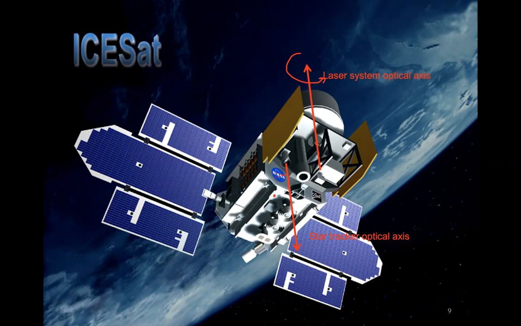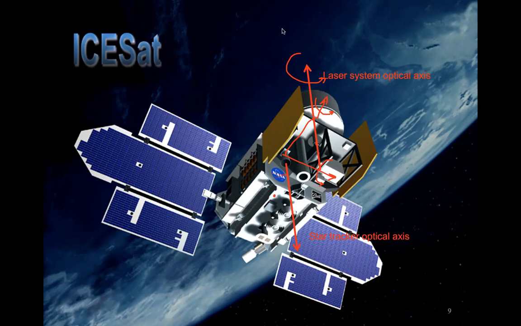On the other hand, you need a very high precision of the attitude in the orthogonal directions, because if you have a roll angle or a pitch angle, the telescope is not nadir pointing, and you are going to have a significant error in your measurements.